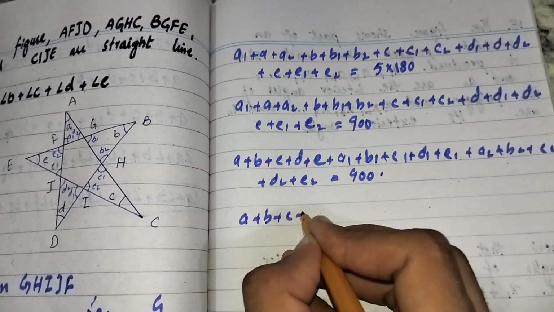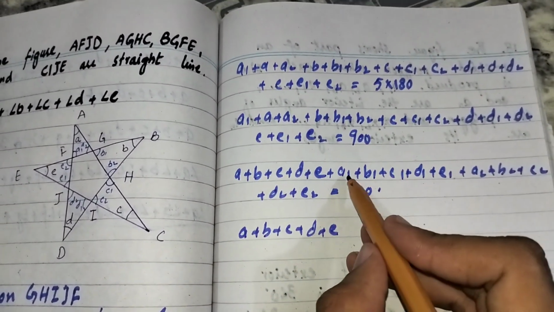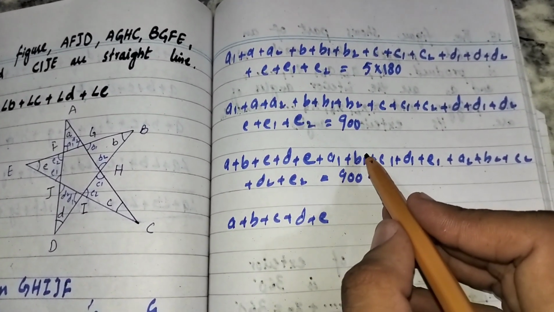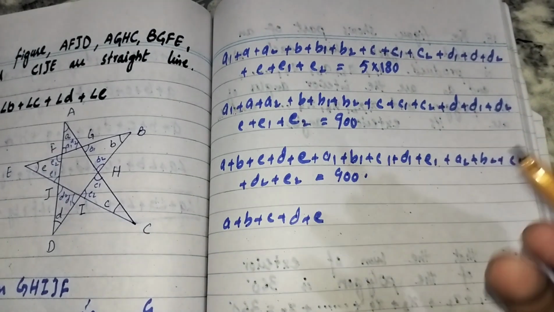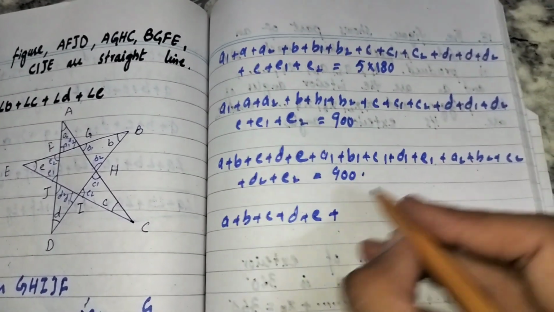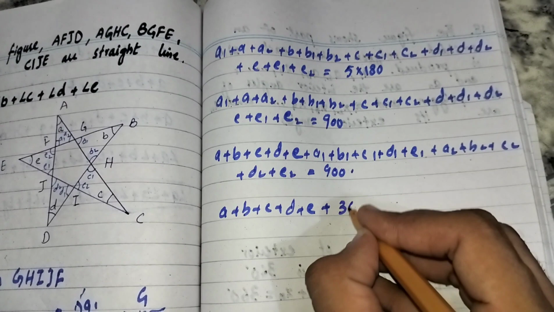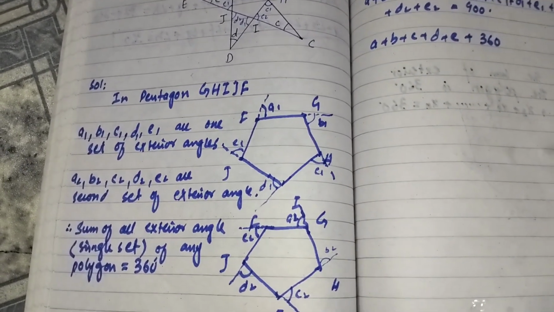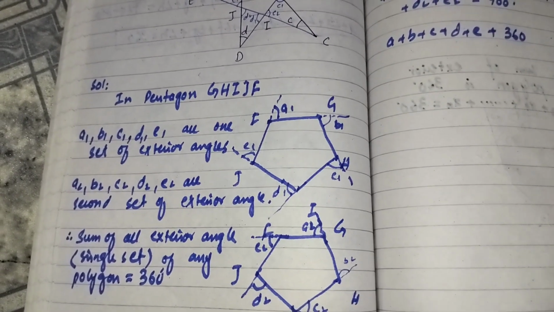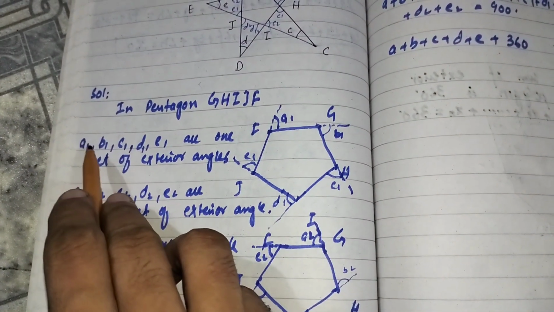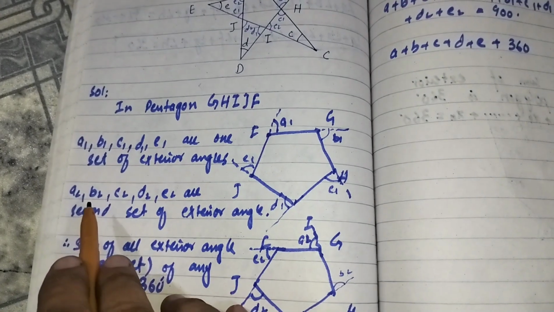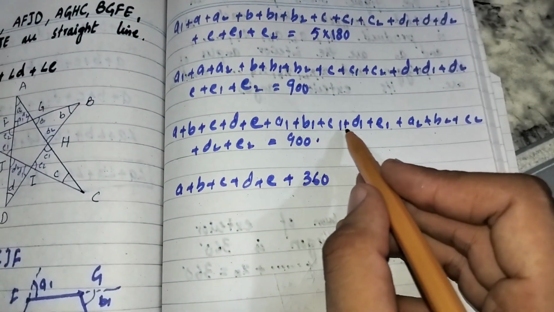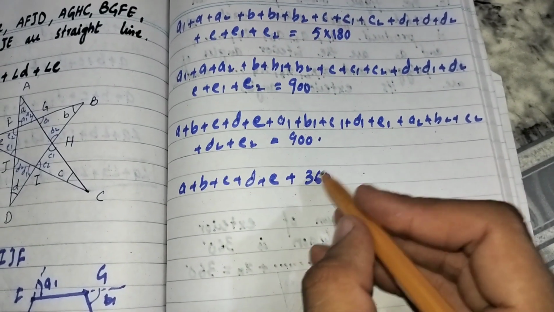A, B, C, D, E. Now A1, B1, C1, D1, E1: these 5 angles are the exterior angles of one set, and the sum of these exterior angles will make 360 degrees, as we know that the sum of exterior angles of any single set is equal to 360 degrees.